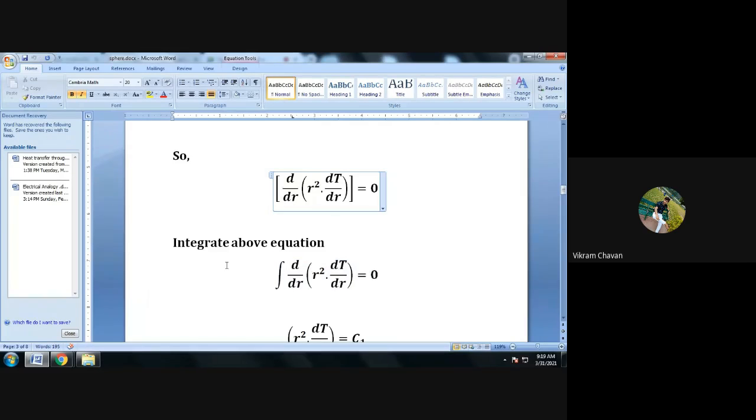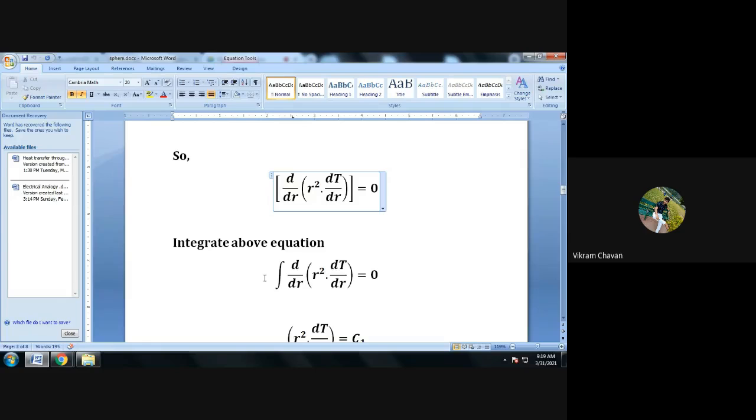So we get this equation after transferring one r square to the other side, and after that we have to integrate this equation. One integration, one differentiation will be cancelled, and the integration constant will be included in the equation. So write down: integrate the above equation.